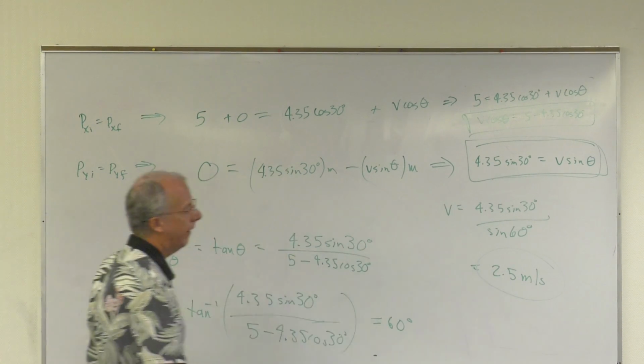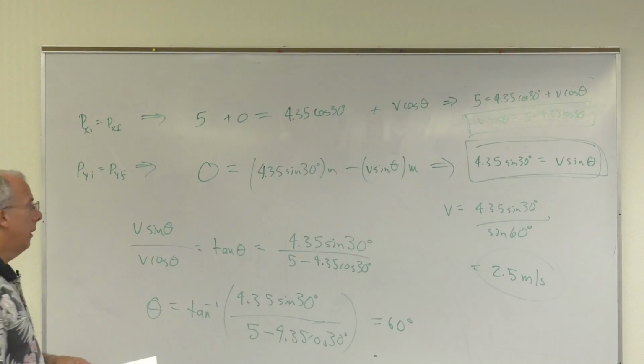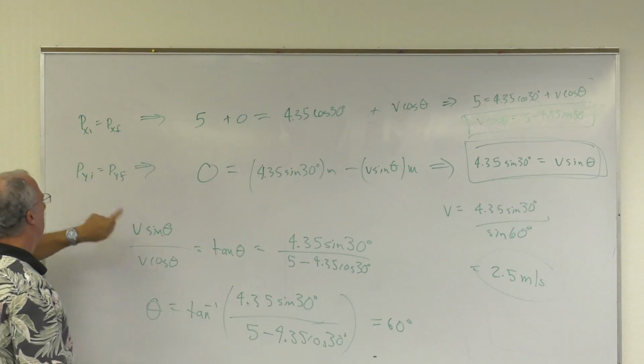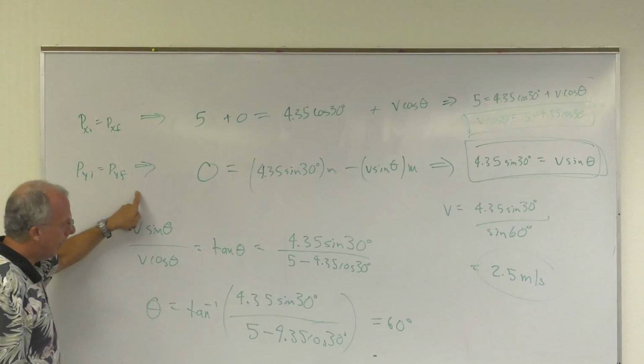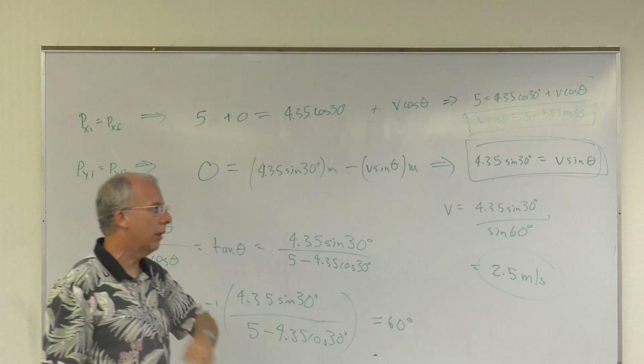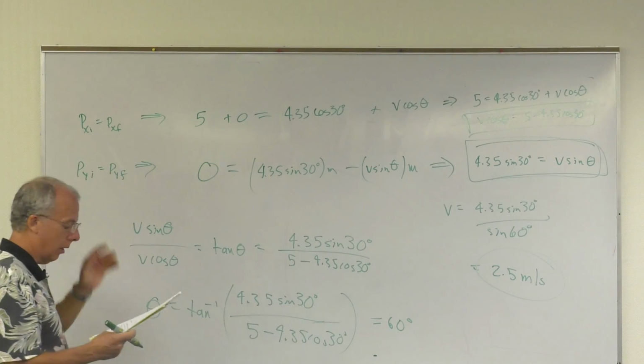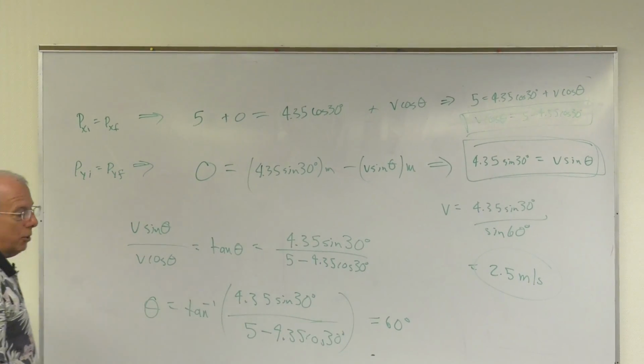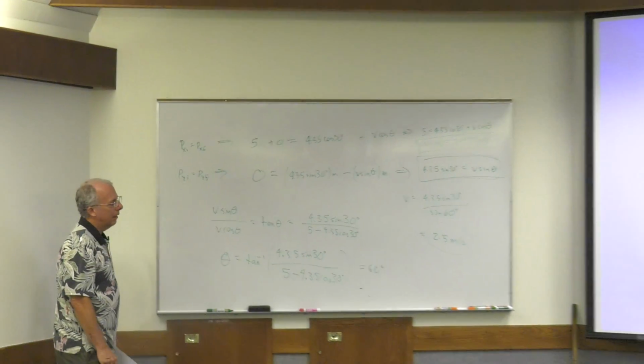Ta-da. So that's all you do. You just write momentum conservation in the x direction, momentum conservation in the y direction, and you just do the math, and then you just solve however you want to solve. That's all there is to it. Not so bad.